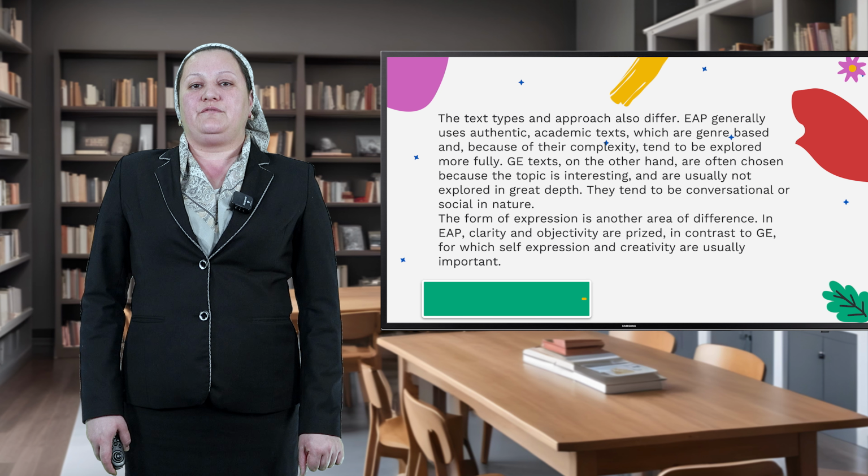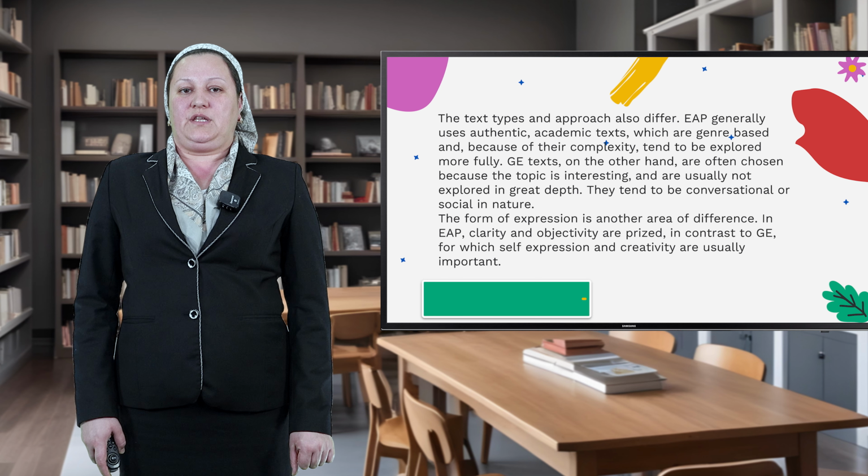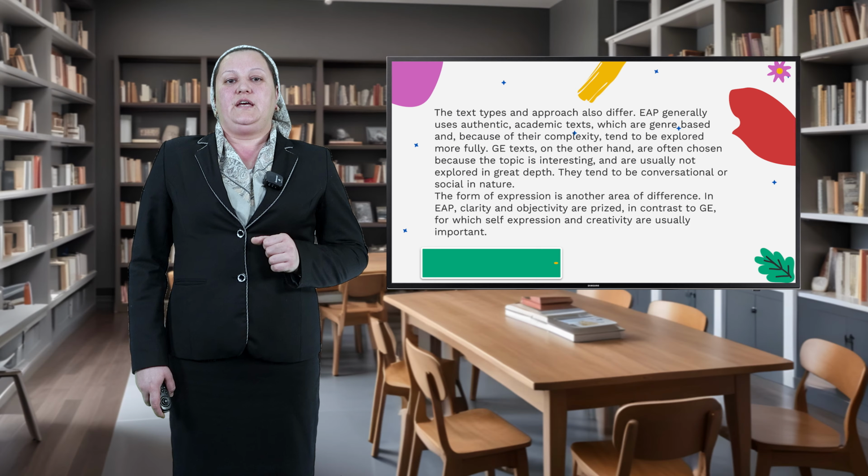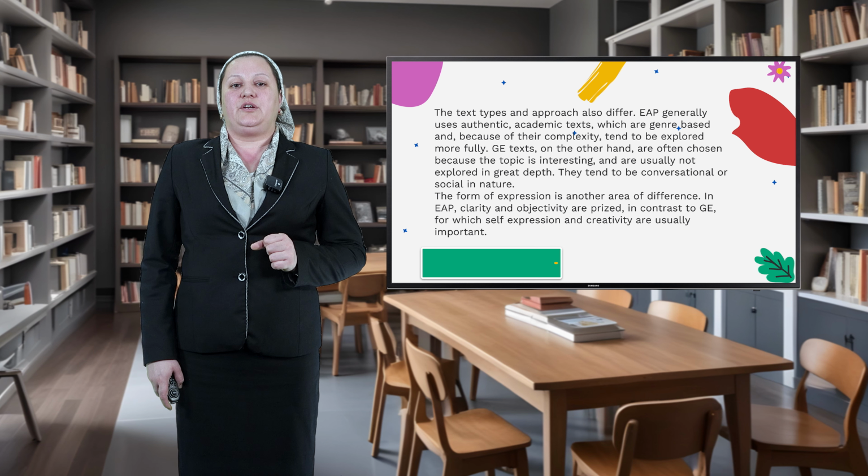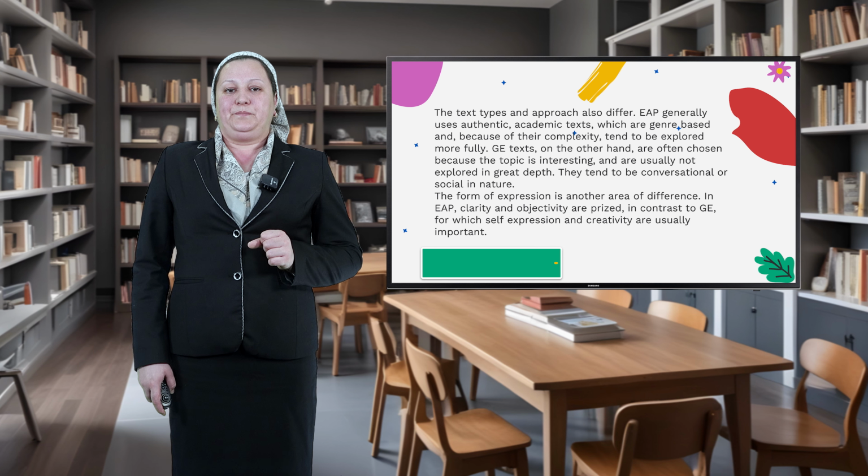They tend to be conversational or social in nature. The form of expression is another area of difference. In EAP, clarity and objectivity are praised, in contrast to GE, for which self-expression and creativity are usually important.